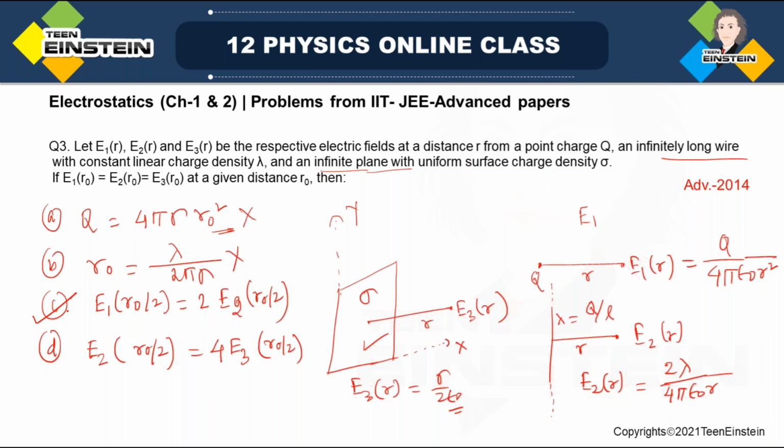So the first option was not correct, second was not correct, third C is correct. Now we will see how E2 and E3 are related.